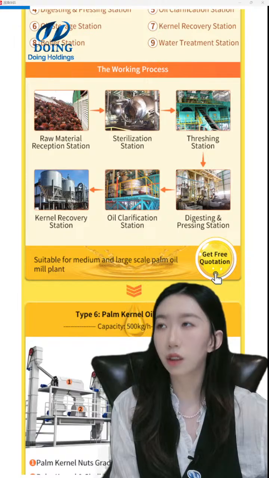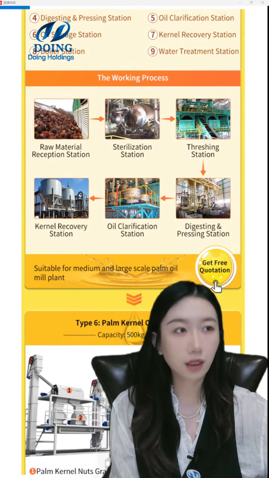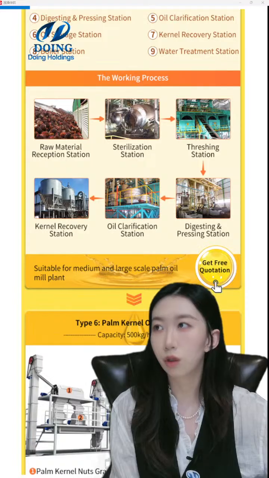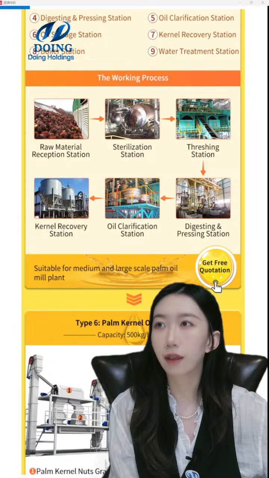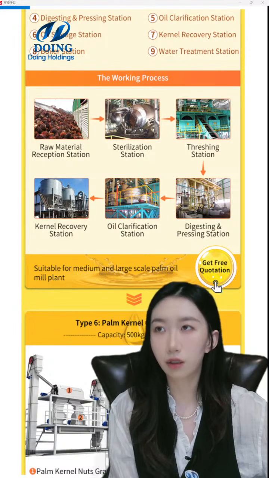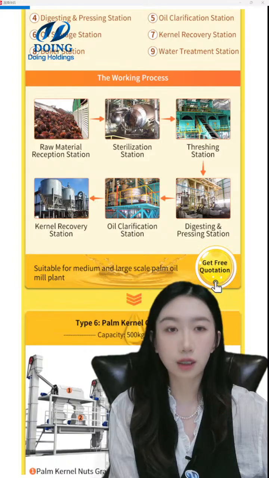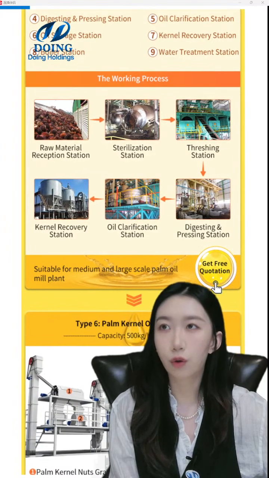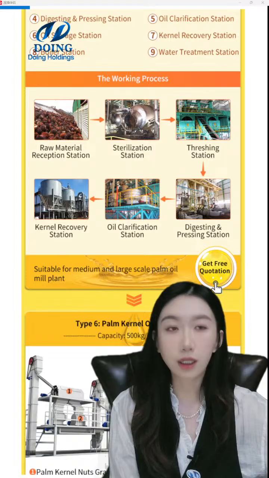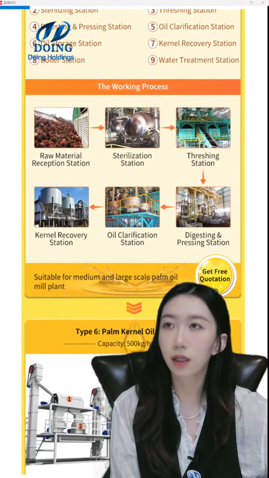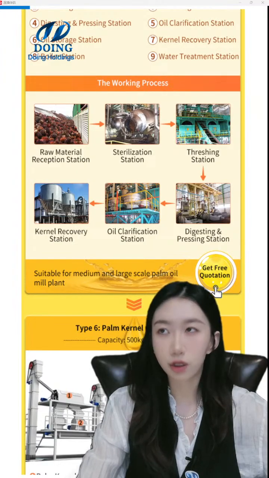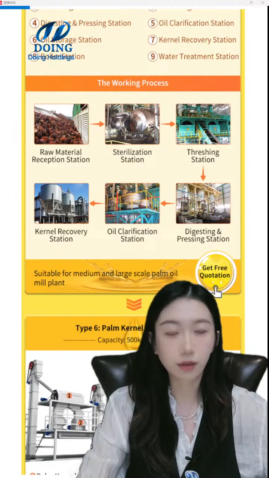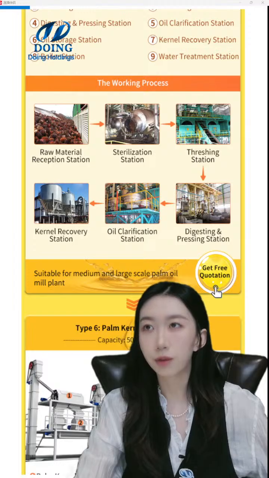First, the FFB is unloaded to the raw material reception station, and then the FFB enters the sterilizer for steam and heat. Then the palm fruit bunches will be softened and it is easier to remove the palm fruit.